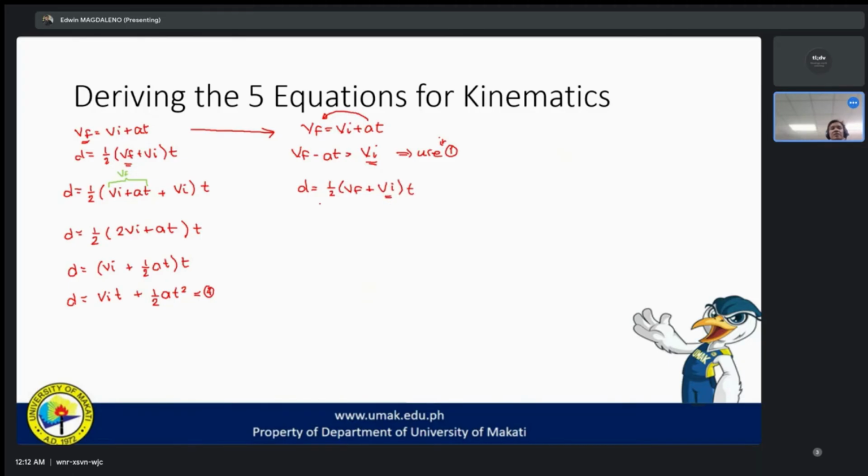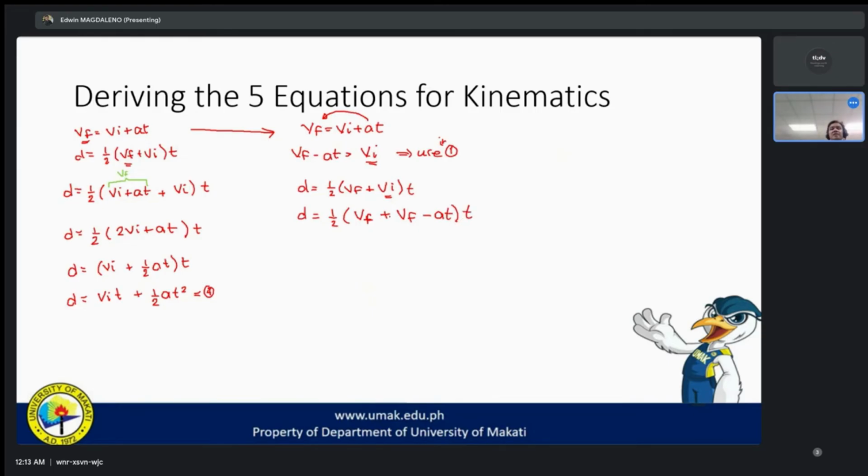Vi should be changed to Vf minus At. So displacement is equal to 1 half Vf, this will become plus Vf minus acceleration times time, multiplied by time.